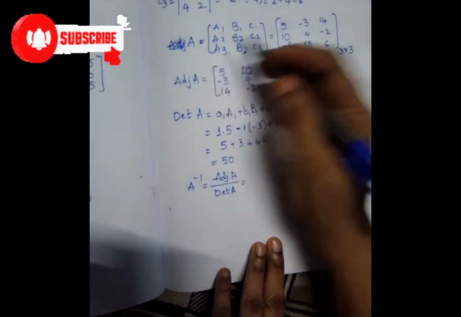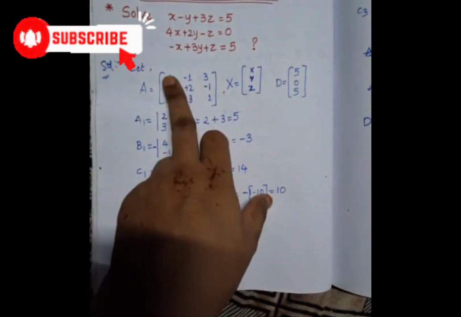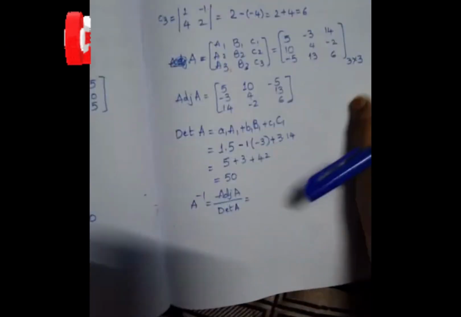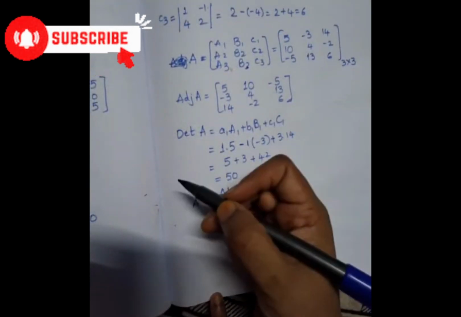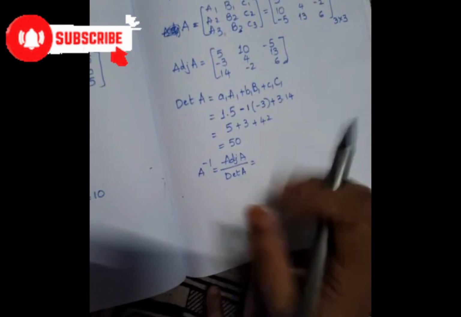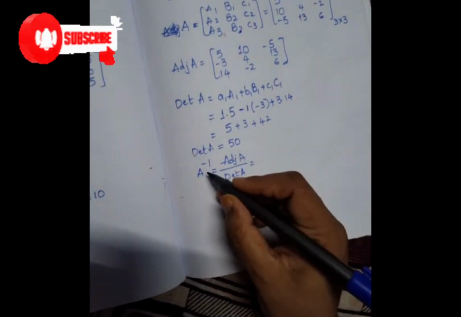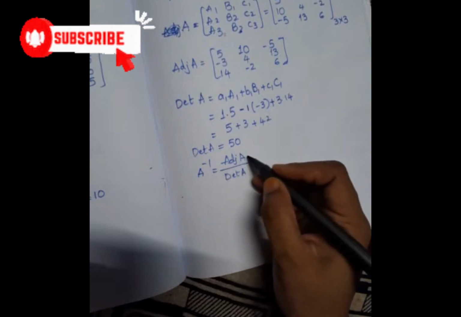This one is the A matrix, and the small elements are from the given matrix: 1, minus 1, 3. Okay, we have to multiply the given matrix and the obtained matrix of A. Okay, that is determinant of A, which is 50.